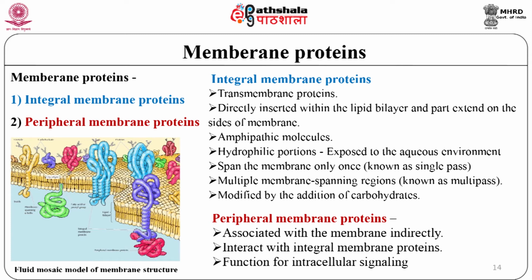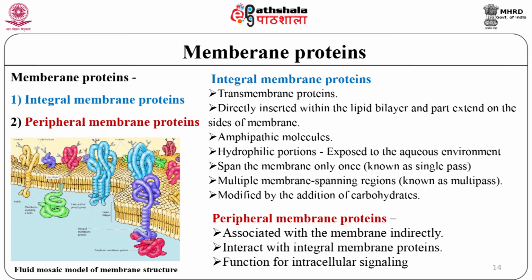Some proteins are anchored on the membrane by covalently attached lipids. Such proteins are anchored to the extracellular phase of the plasma membrane by glycolipids and to the cytosolic phase by fatty acids or prenyl groups.